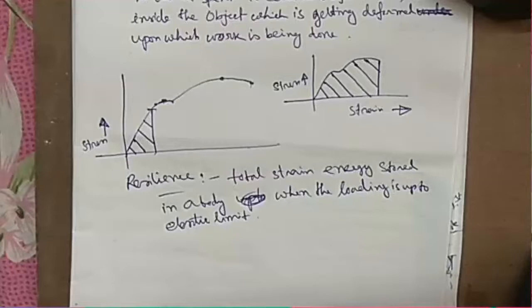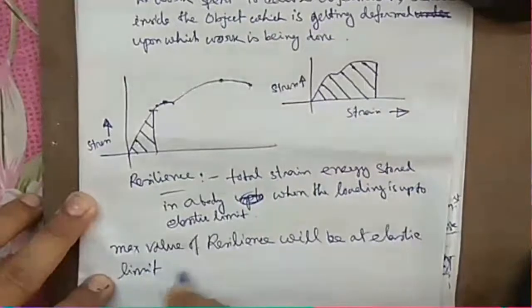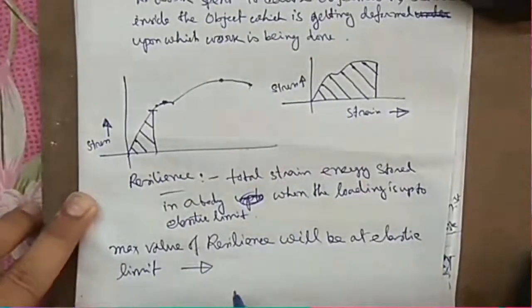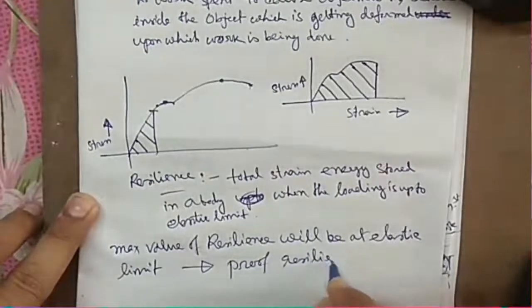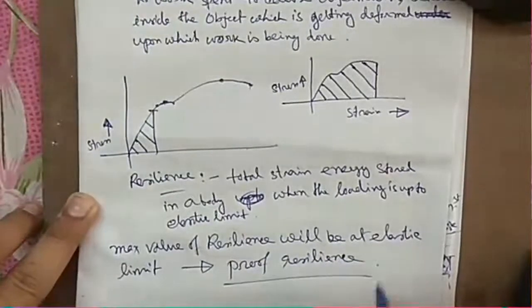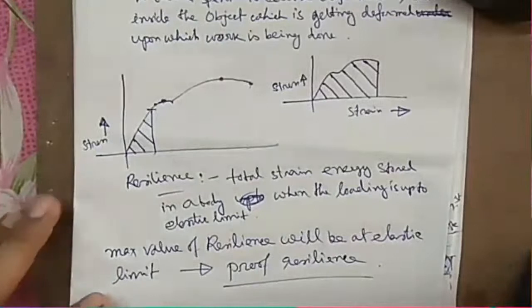So the maximum value of resilience will be at the elastic limit, and that value will be called proof resilience.